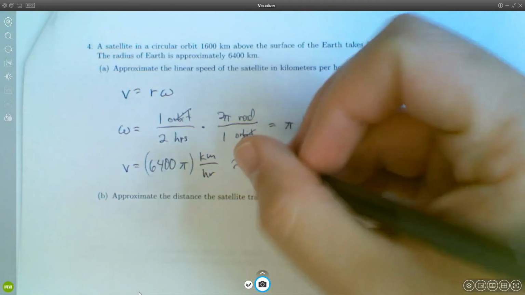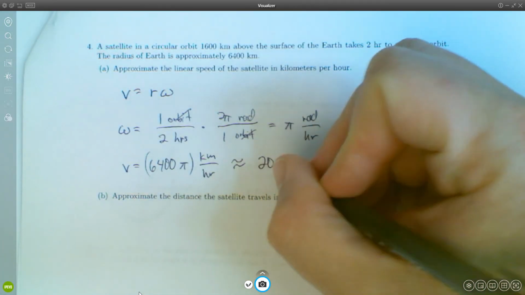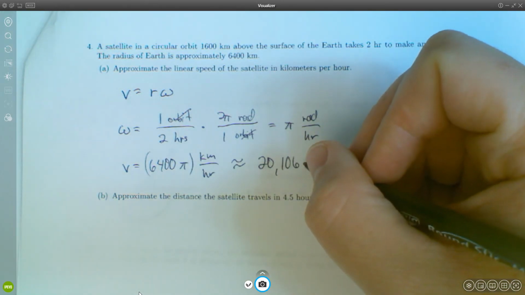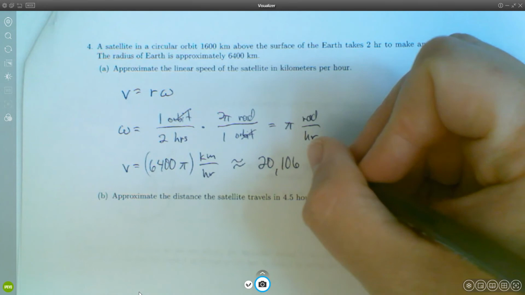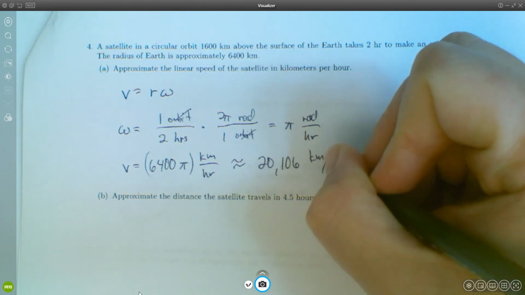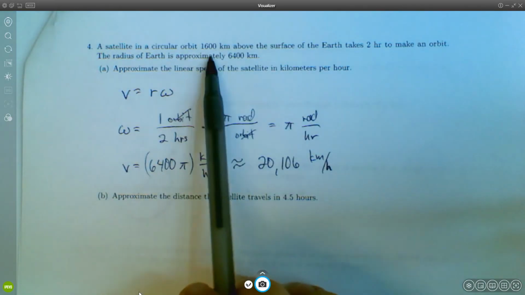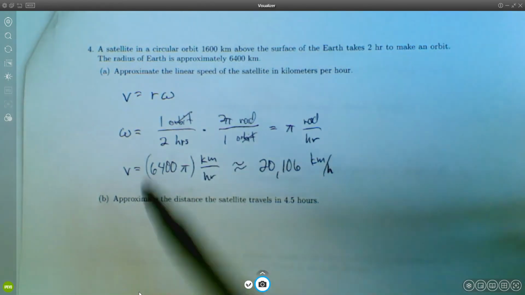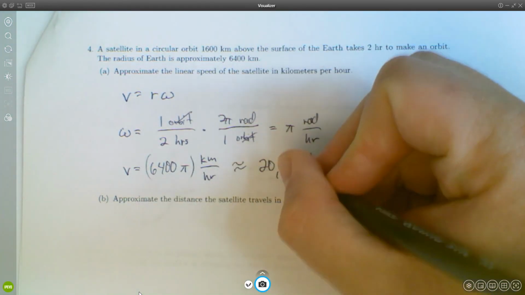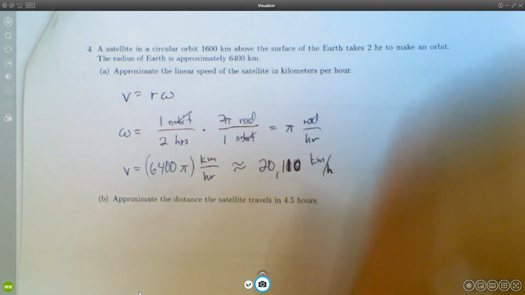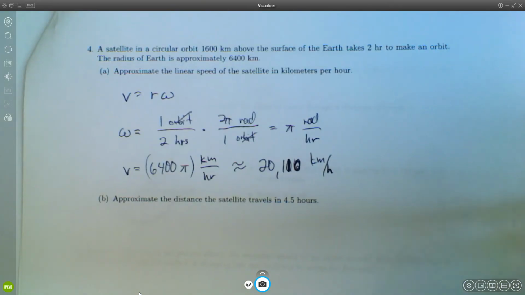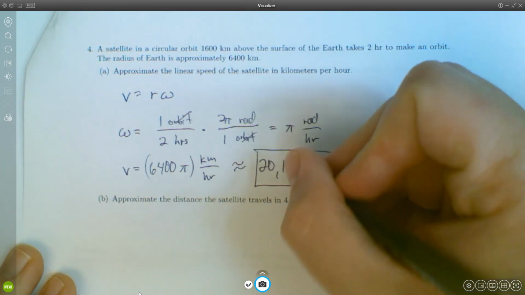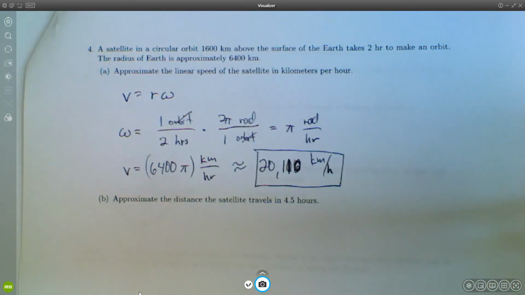Well, that's really fast. 20,106 kilometers per hour. If we were doing sig figs, it seems like we've got 4 significant figures, so I should round to 4 sig figs. Anyway, 20,110 kilometers per hour. That's interesting. That's fast.